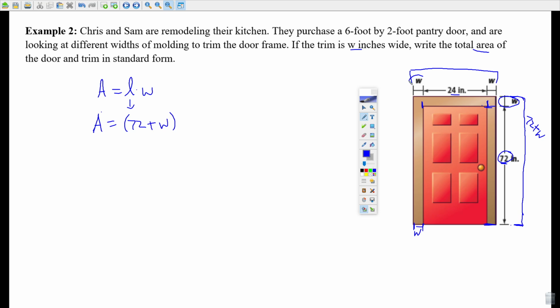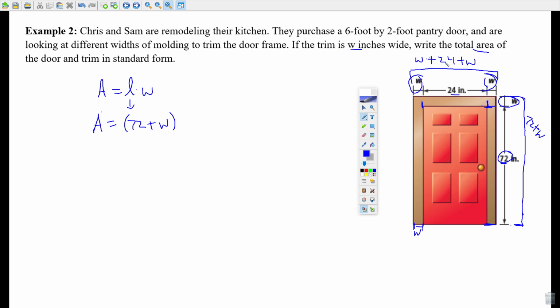So we have an amount W here. We also have an amount W here. So the total width goes W plus, we have to add 24 to it, plus another W. So you could say this is W plus the 24 inches plus another W. That would give you the total width.